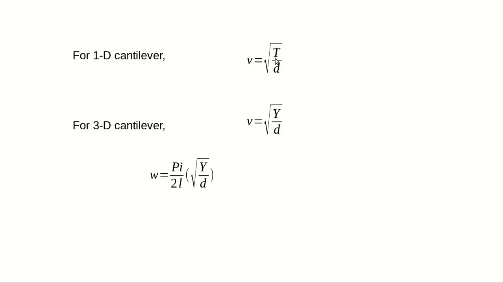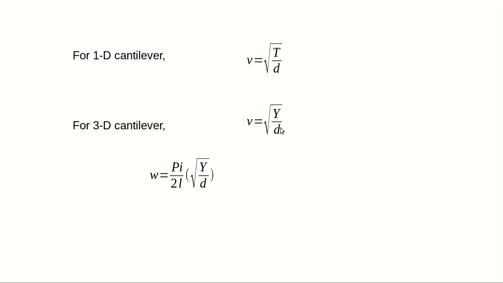It is generally the under root of tension by density of the material, where this is the tension in the string or cantilever. This is for one dimension, but if I go to three dimensions, T is replaced by Y, that is Young's modulus of the material. So v is equal to under root Y by D. D is density, or you can use rho.